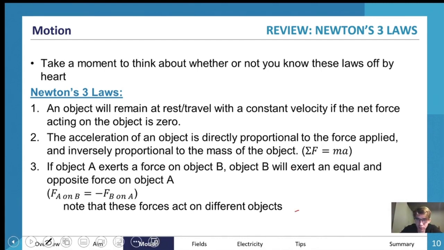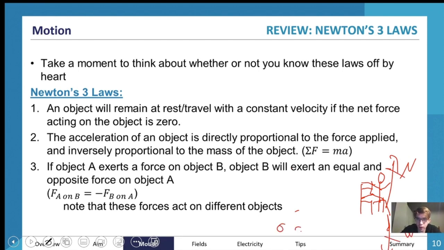So again, if this is a chair, and someone is sitting, or you guys are sitting, the net force acting upwards on you is equal to the weight force, so they cancel each other out.